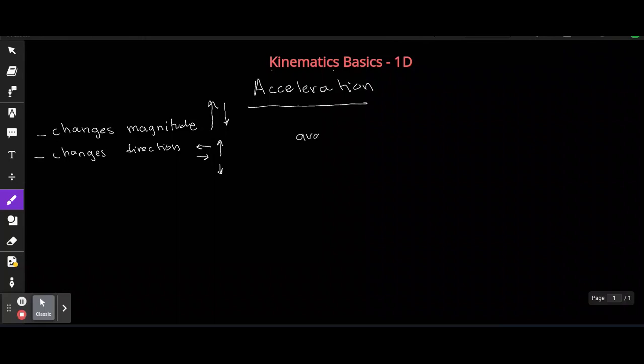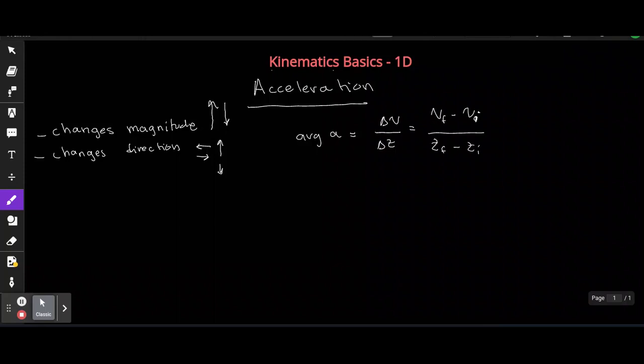Average acceleration is represented with delta v over elapsed time, or delta t. Delta basically represents final minus initial, or a change between 2 points of velocity, position, etc. So we can calculate delta v using v final minus v initial, or sometimes vi, over delta t, which is our t final minus our t initial.